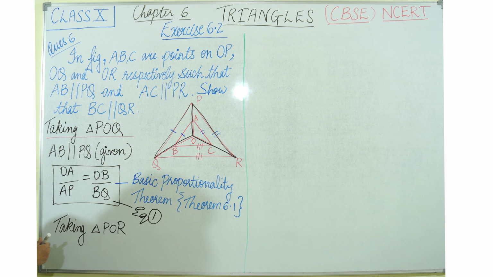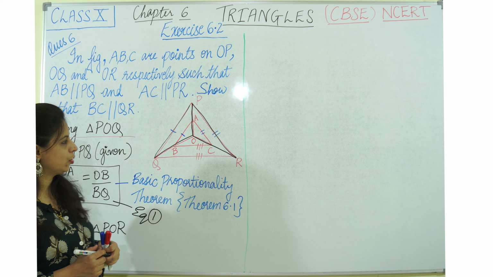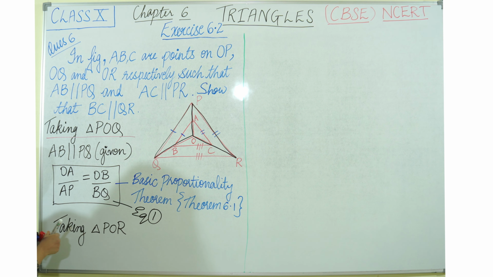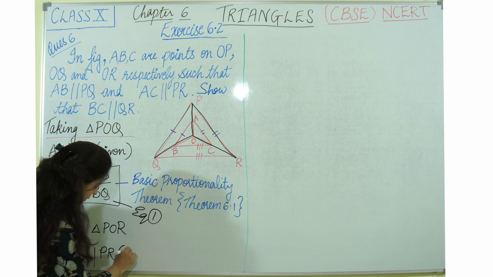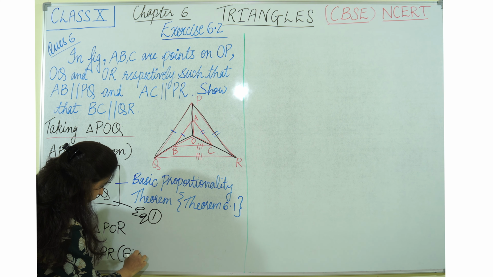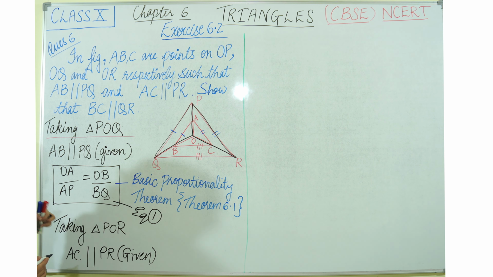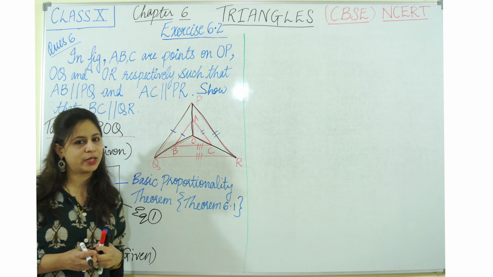So what is given to us? Let us first write that AC is parallel to PR, which is already given to us.